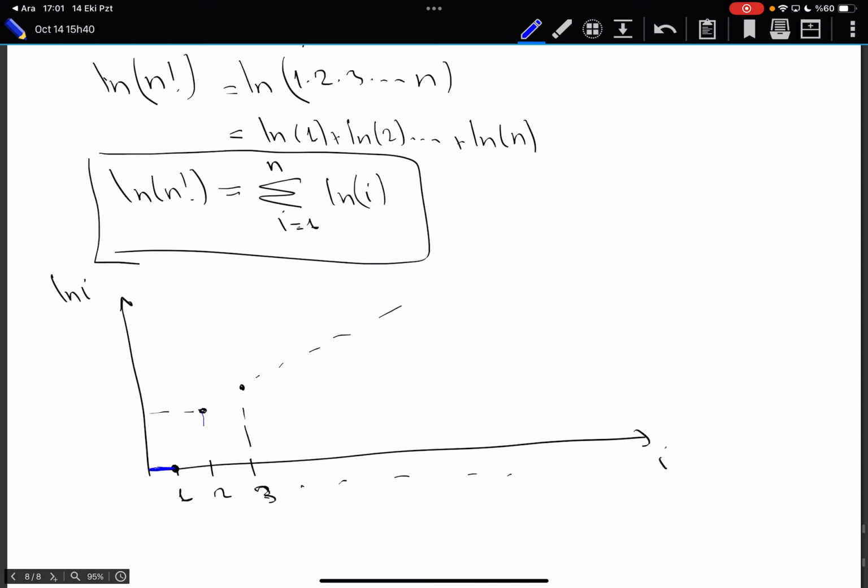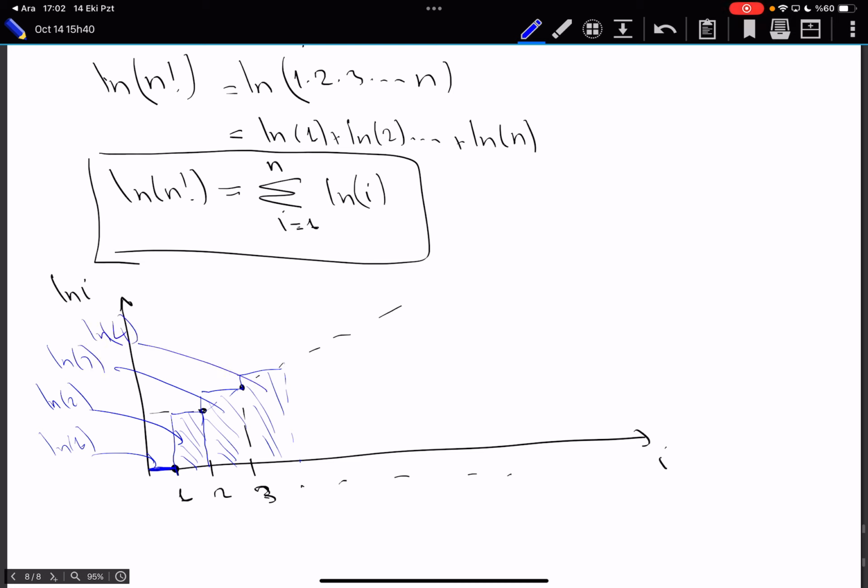Logarithm of 2 is this height. So logarithm of 2 is that area, because the width of that area is 1 and the height is logarithm of 2. Logarithm of 3 is this area. Logarithm of 4 is this area. So the area here is logarithm of 1, the area here is logarithm of 2, the area here is logarithm of 3, and the area here is nothing but logarithm of 4.